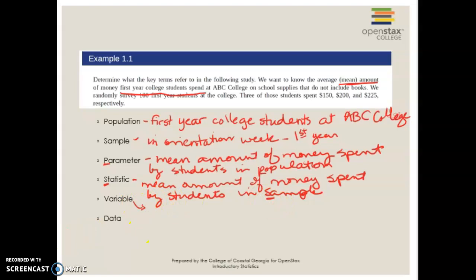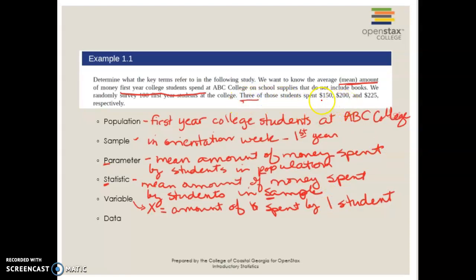Okay, your variable. The variable is the amount of money spent, okay, by one first-year student. So let your variable x be the amount of money spent by one student, because that's what we got.